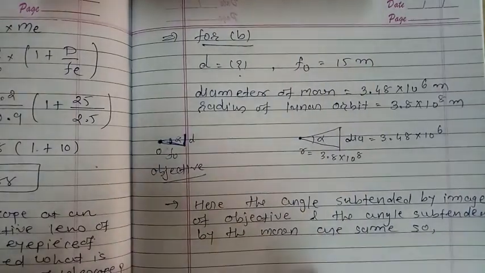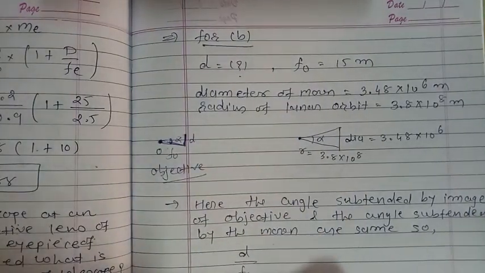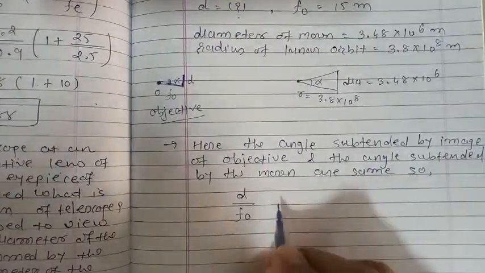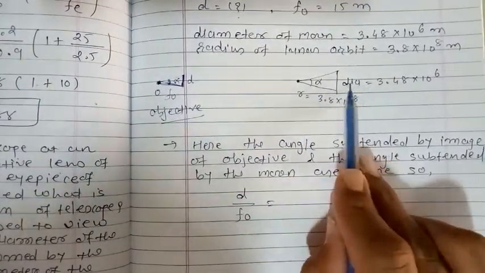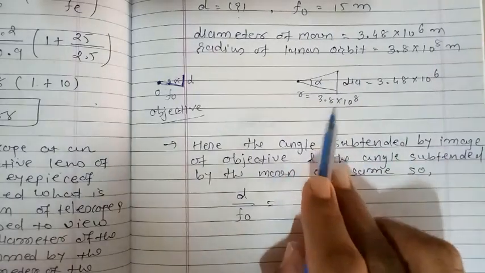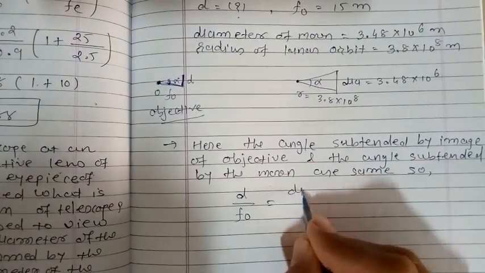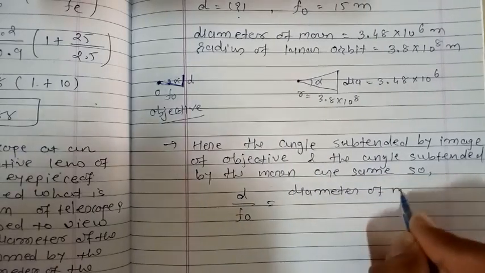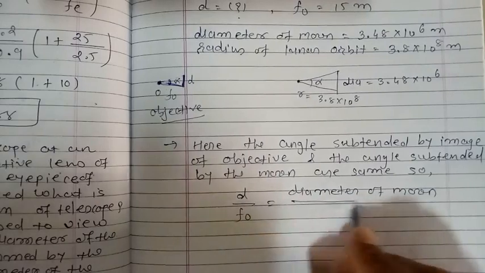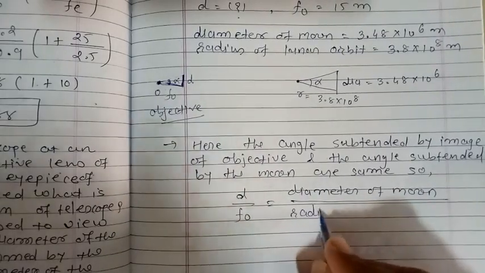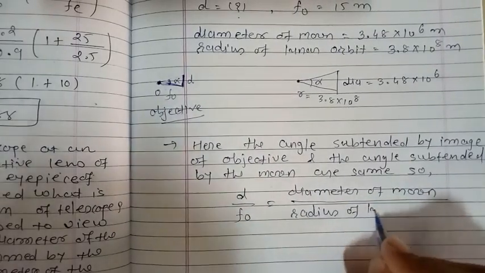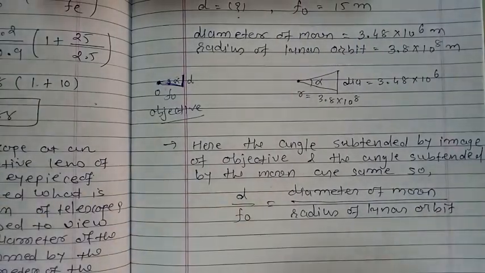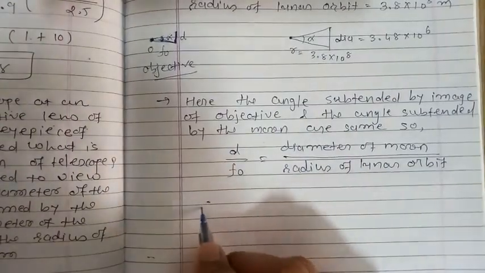So we can write d by FO is equal to the diameter of the moon upon the radius of the lunar orbit. Now we have to find d.